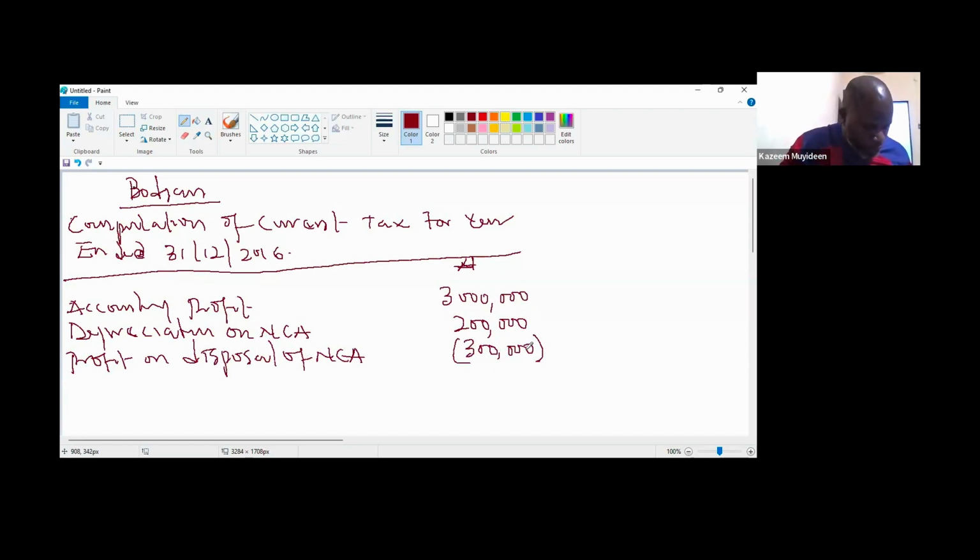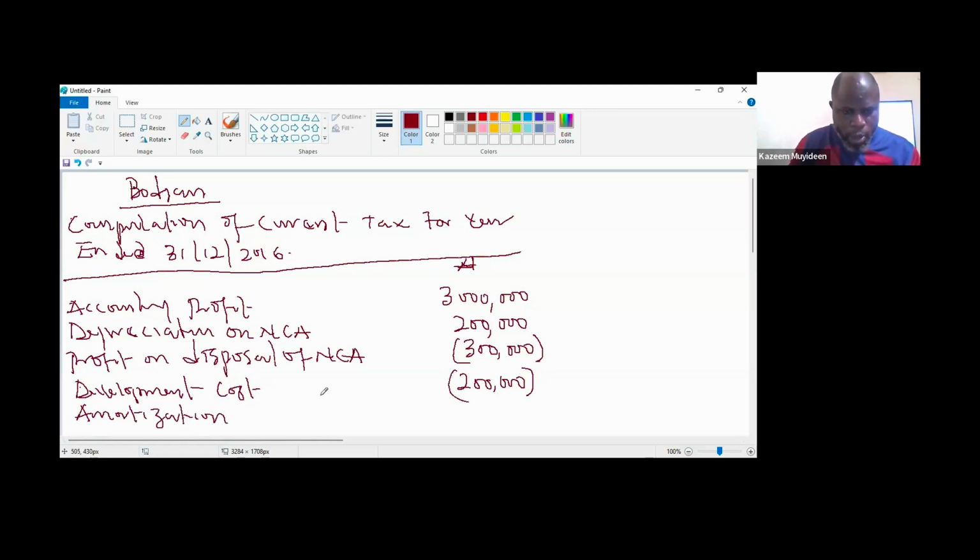Then next, development costs. Cost incurred is going to be given in full, 200,000. Then the amortization of 50,000 is added back.